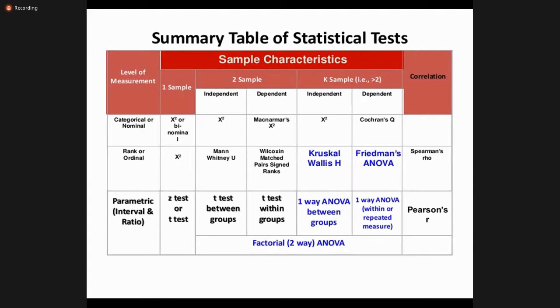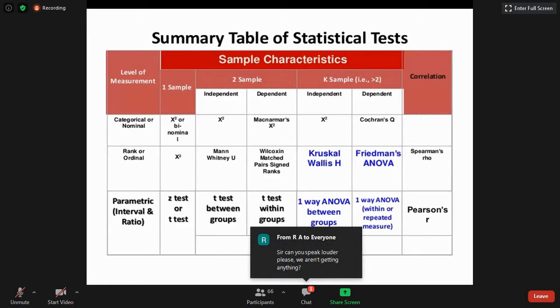But today our discussion is mostly focused on the one-way ANOVA. You can see that the one-way ANOVA applies to independent cases and to within repeated measures.